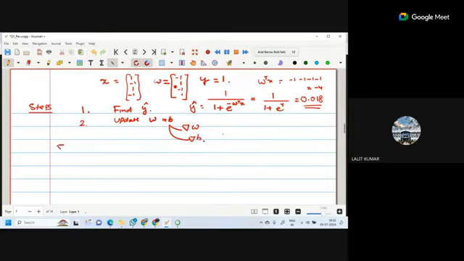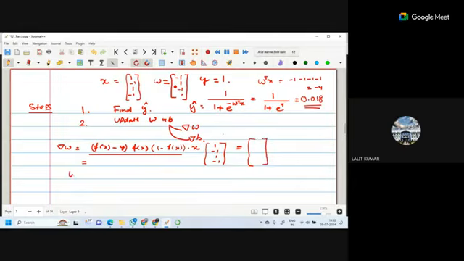The gradient of w will remain the same: fx minus y, into fx, into 1 minus fx, into x. So you calculate this. Here x is a vector, 1, minus 1, 1, minus 1. Here you will get some value from this; you multiply it, so you will get delta w, which will be a vector.